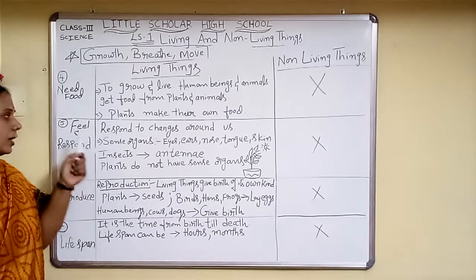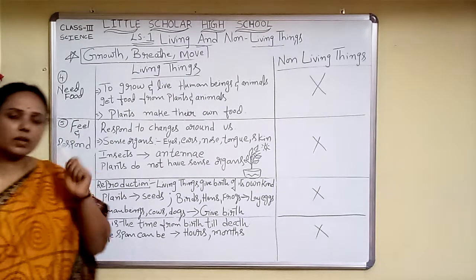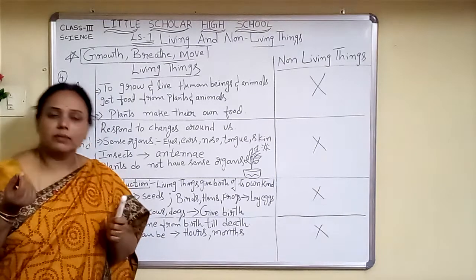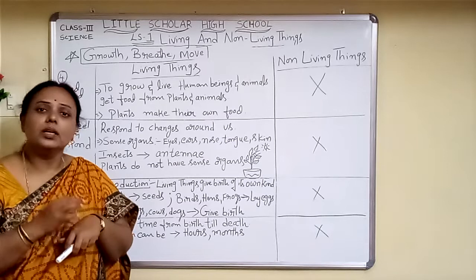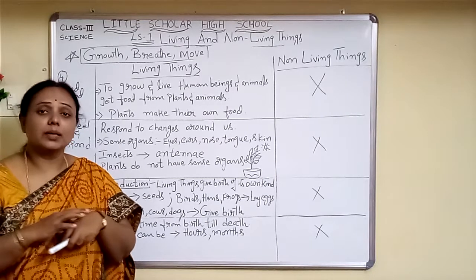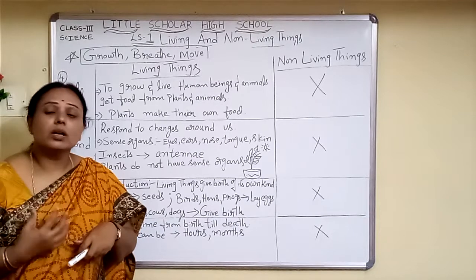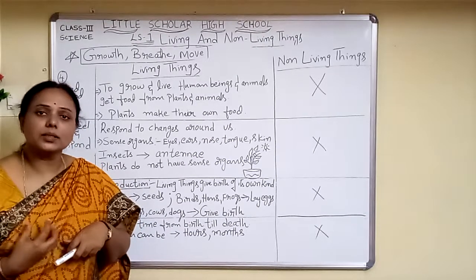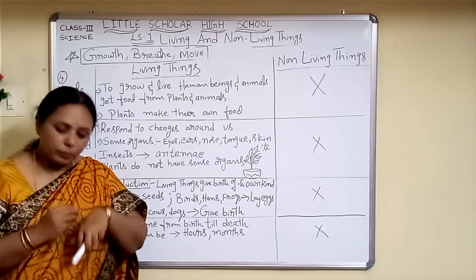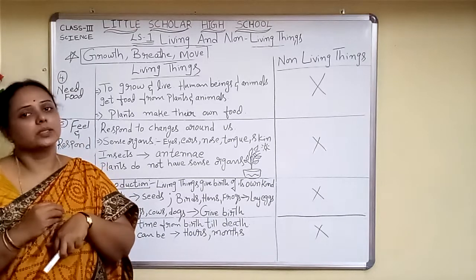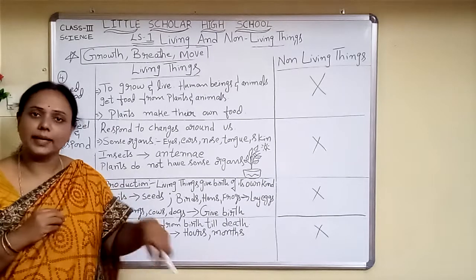Now we have moved on to the next point, that is related to feel and respond. What do you understand by feel and what do you understand by respond? For example, you have a pin and by mistake if it touches your skin, you feel a kind of burning sensation or a kind of pain. Yes or no? That means you are feeling something, you are sensing something which is not comfortable to you. And immediately when the sharp object comes in contact with you, you take your hand or your leg back.